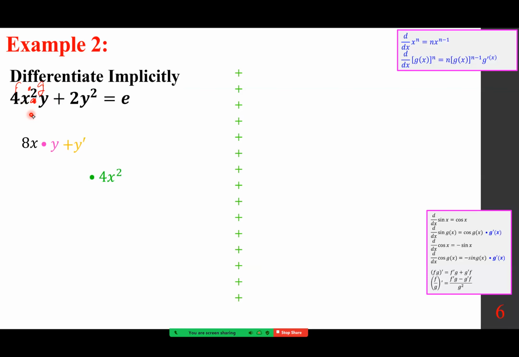So that's f prime g plus g prime f. 2y squared gives us 4y y prime. Any number, e, 5, 10, pi, any number gives you 0. We combine these two and we move the 8x y. And to combine them, we factor out the 4y prime.